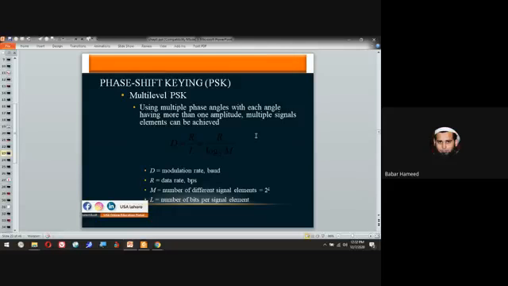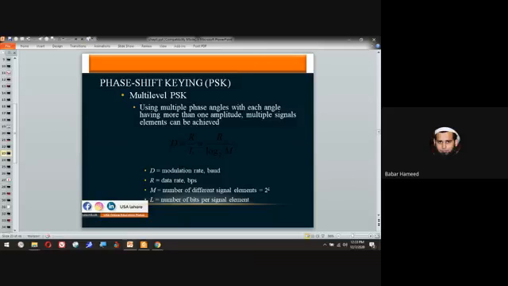The next one is multi-level PSK. The use of multi-level PSK can be extended beyond taking bits two at a time. It is possible to transmit bits three at a time using 8 different phase angles. Further, each angle can have more than one amplitude.